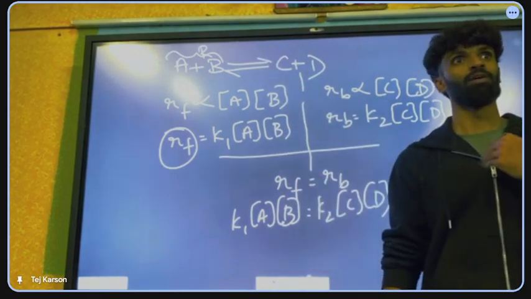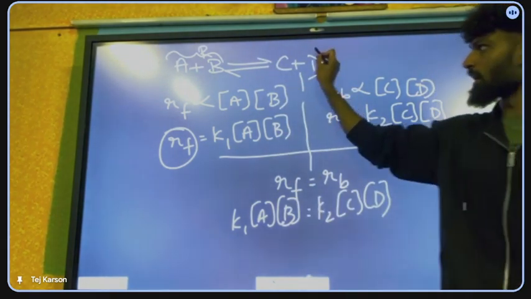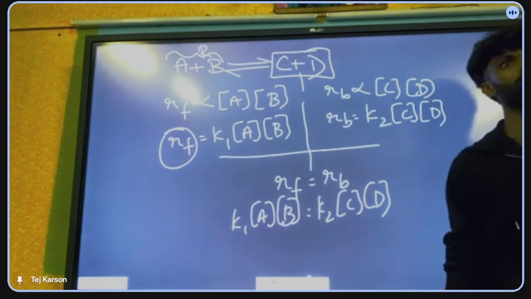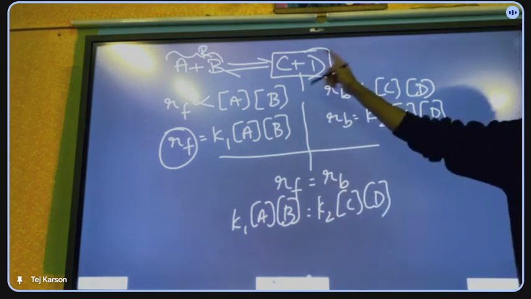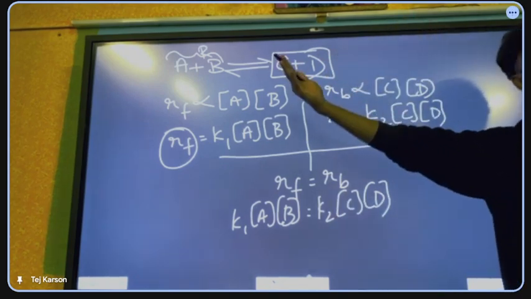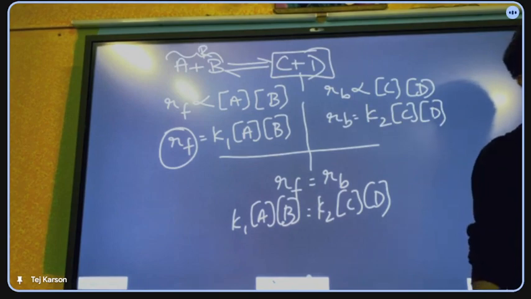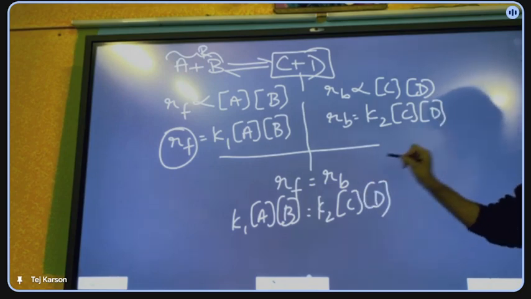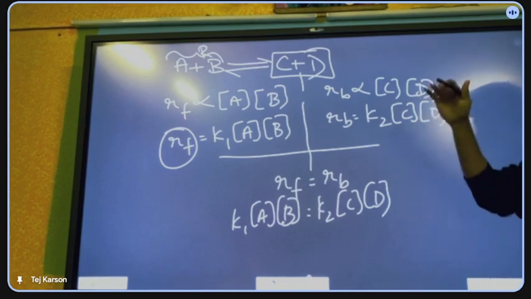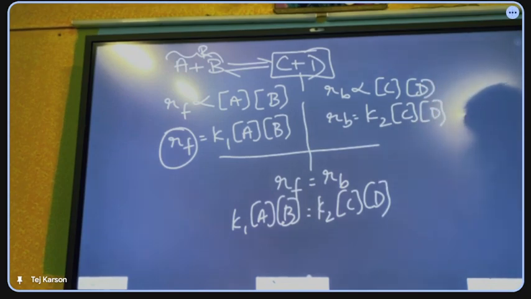Think from our perspective: C and D. So according to us, C and D always get the most important priority. Can I tell both C and D belong to the product side or the reactant side? Product. So the product is more important for us, which means how will we show the importance? We will make sure that C and D remain in the numerator. You note that.